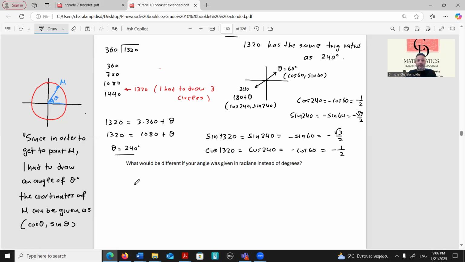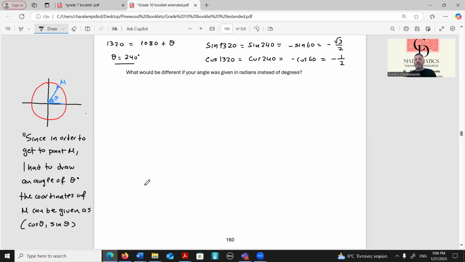Now, enough with degrees, let's continue with radians. What would be different if your angle was given in radians instead of degrees? Not much.